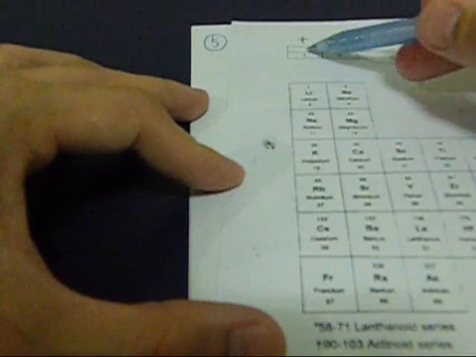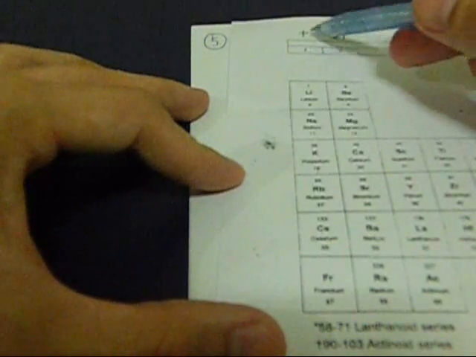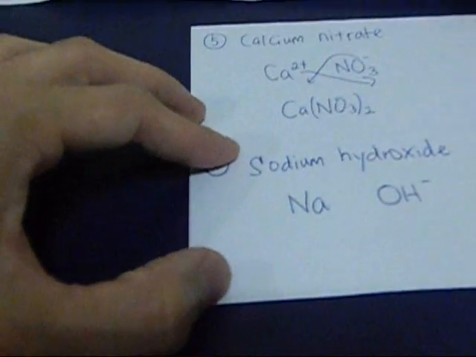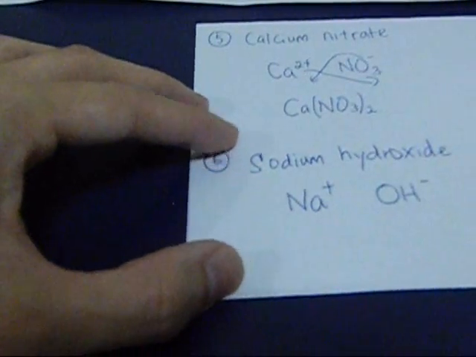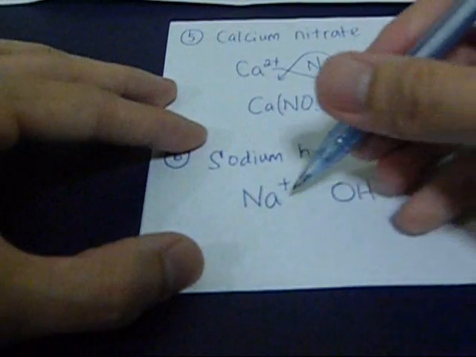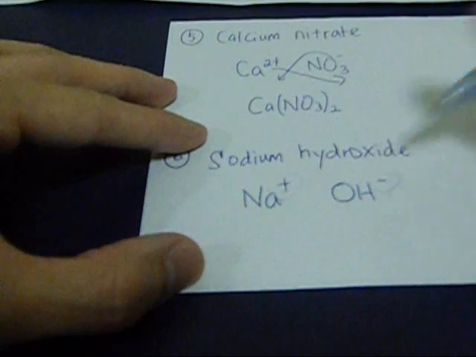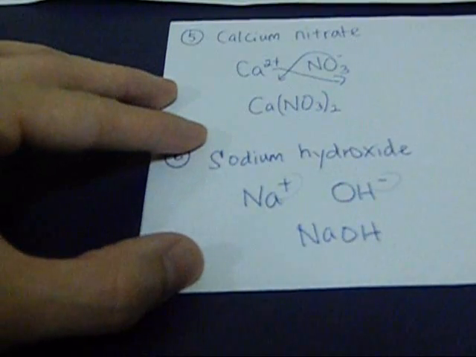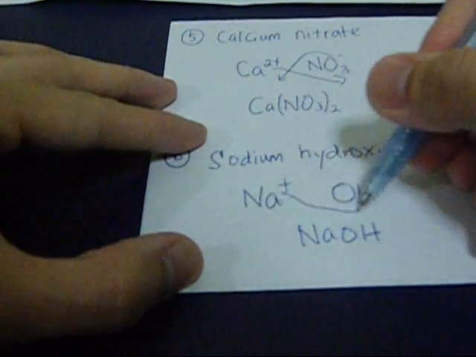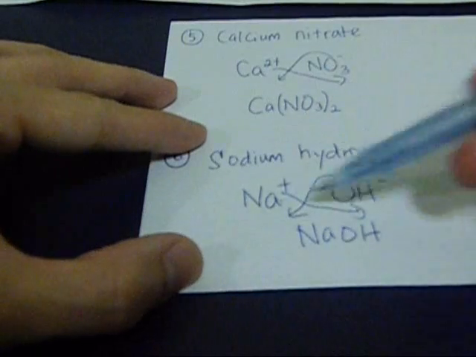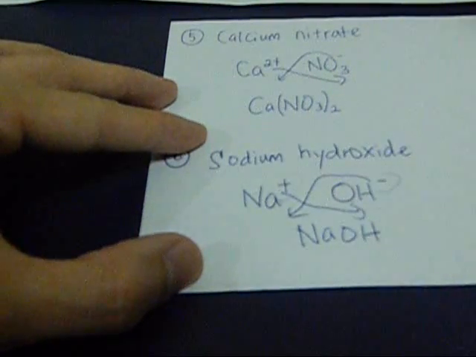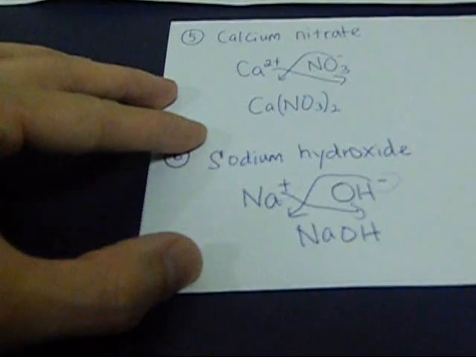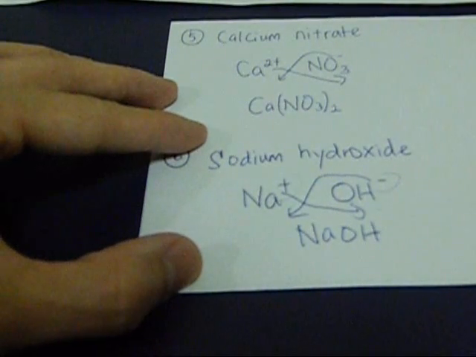Group 1, all the group 1 elements will form ions with a charge of 1 plus. So your Na is actually Na plus. Then after that, 1 plus, 1 minus, how do you balance it? Just NaOH. Or you can cross multiply. 1, 1. So Na1OH1, but we don't write the 1, so it's NaOH.